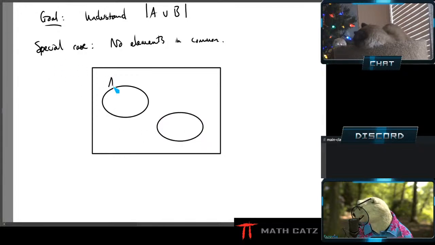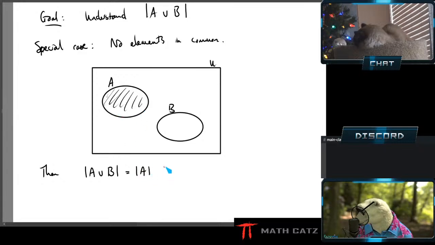And say that, well, they have no overlap, so they can be drawn separately and visualized separately. Then we can say, well, if I merge these two by way of a union, I can literally count everything that is in A, everything that is in B, and I'll simply add them up, and that will give me the total.